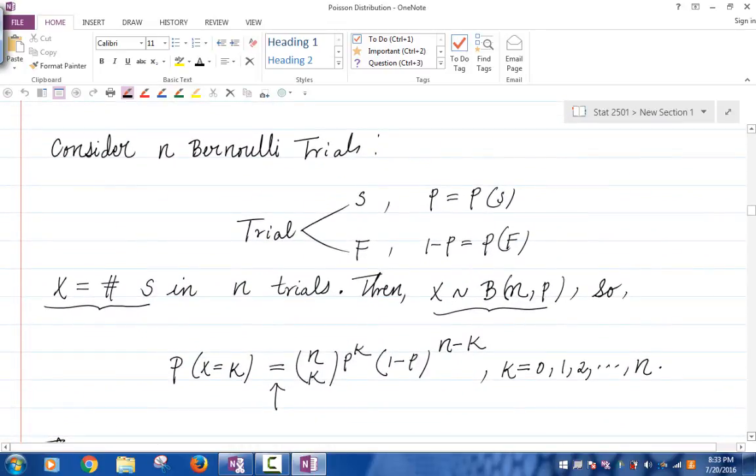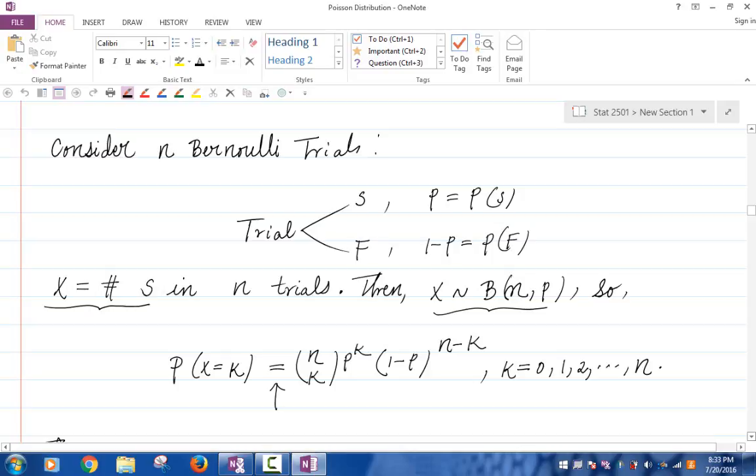Consider now n Bernoulli trials. The trials are independent. Each trial results either in a success or a failure. The probability of success is labeled as p, and 1 - p is the probability of failure. Define X to be the number of successes in n trials.